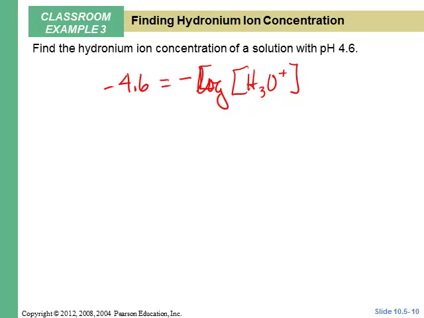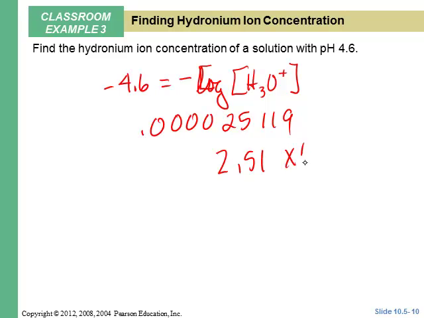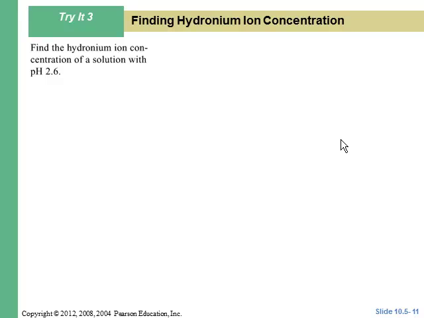Negative 4.6, and we get 0.000025119, or 2.51 times 10 to the negative fifth. You do this one.